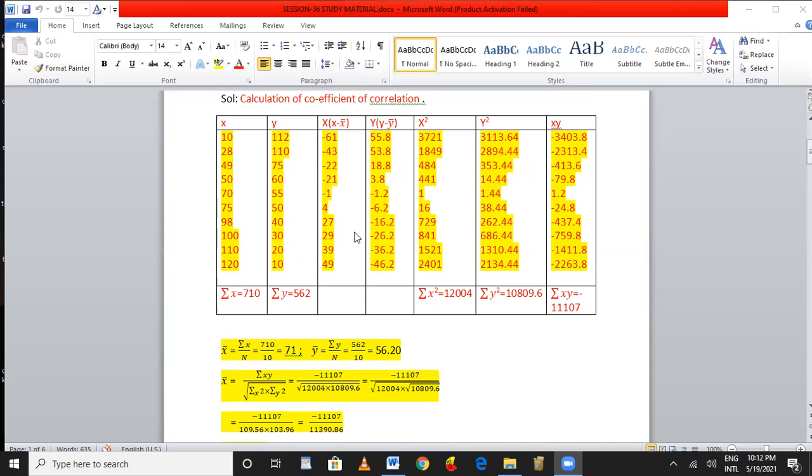So these are the x values, the deviations taken from the arithmetic mean, which is 71.